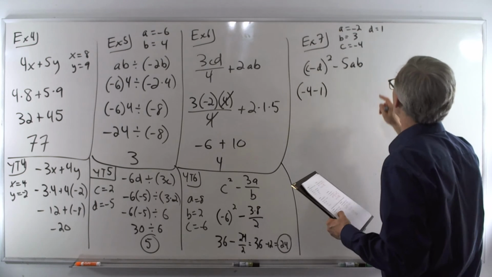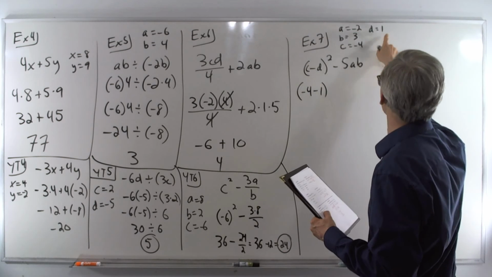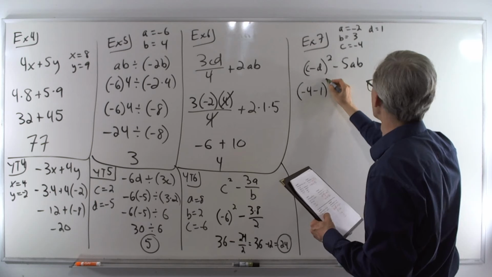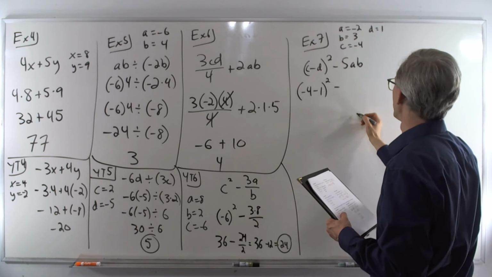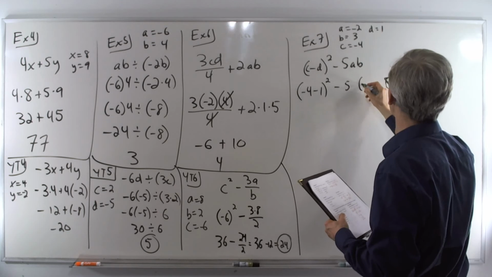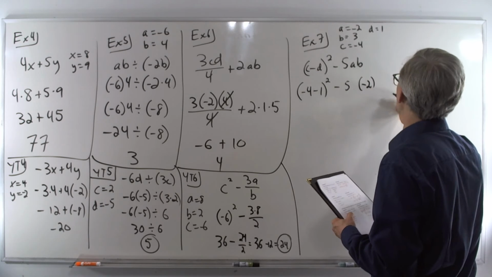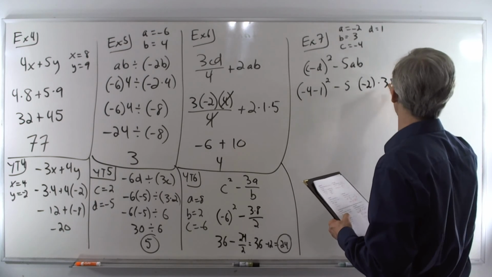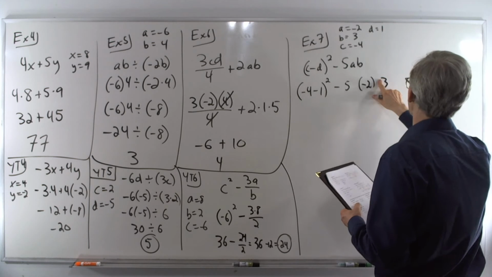All right, plugging in negative 4 for c, 1 for d, that's negative 4 minus 1. Square that, minus 5 times a is negative 2, and b is 3.